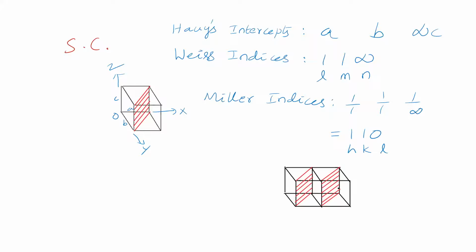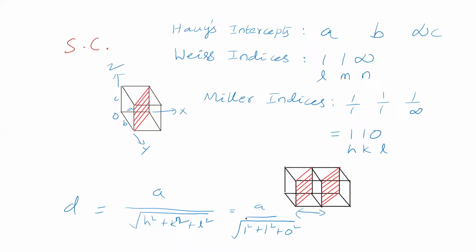Now we will take the distance between neighboring planes. The distance between neighboring planes is equal to a divided by the square root of h squared plus k squared plus l squared. Now we will substitute the values. A is the edge length, h is 1, k is 1, l is 0. We substitute, and from this we get d.